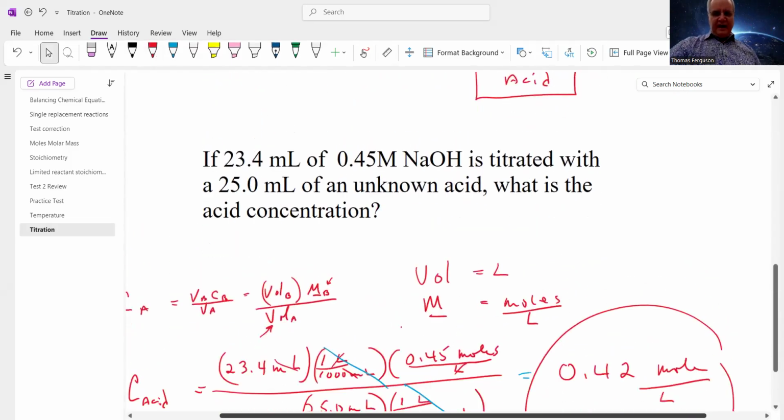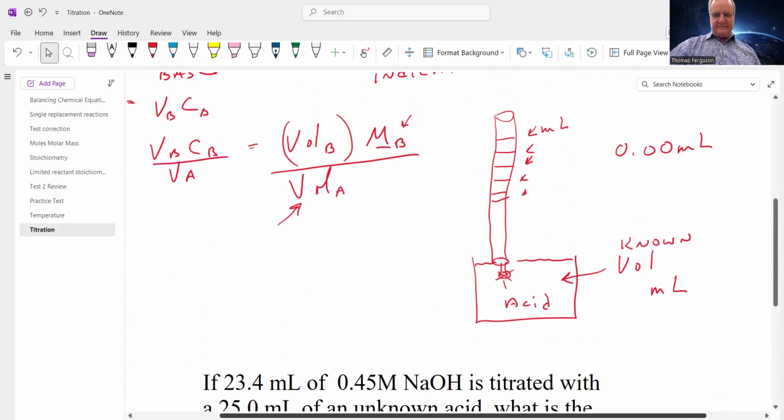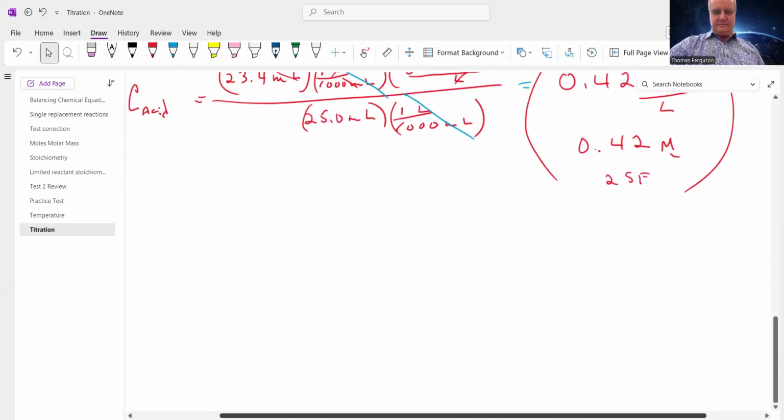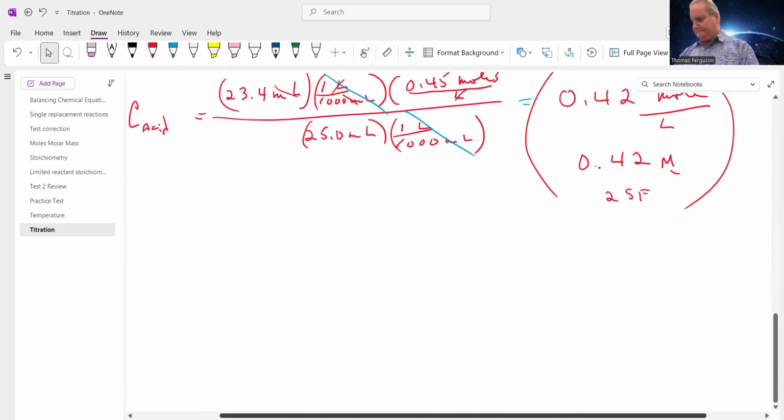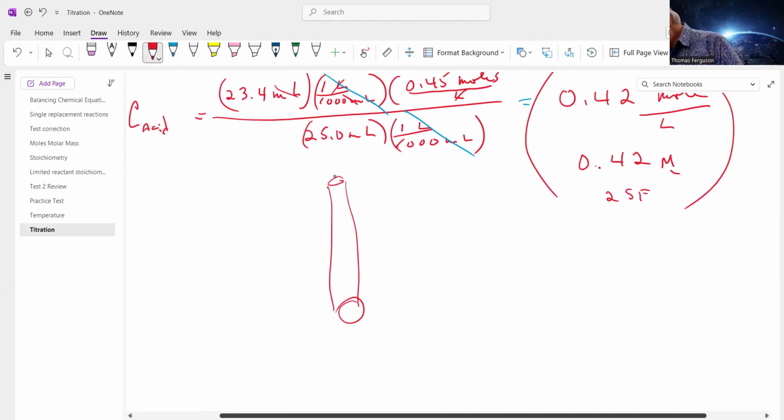Let me show you what actually happens when you're doing this. Step one is you fill your burette.